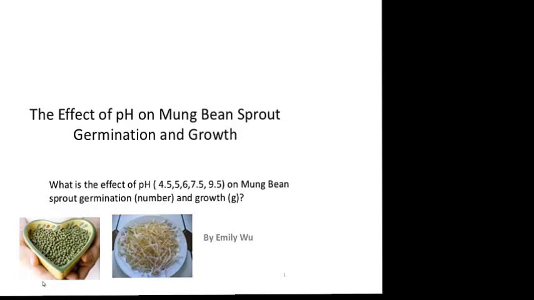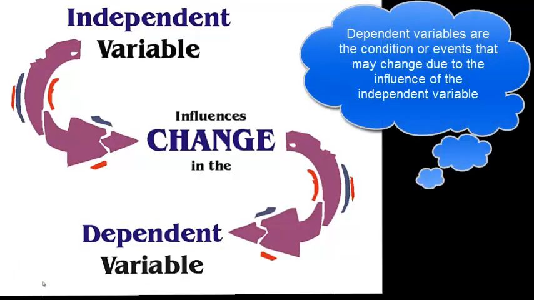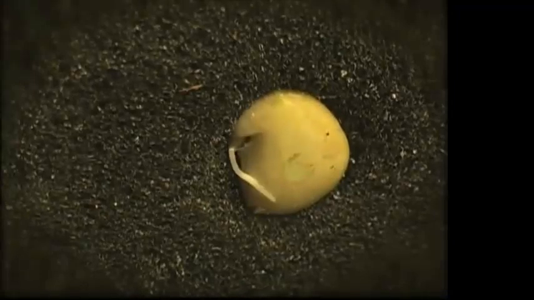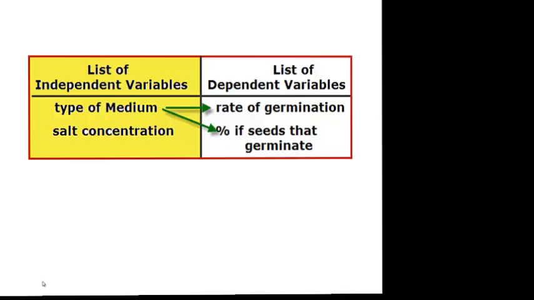That leads us to the last variable, the things that we count or measure, and that's the dependent variable. Dependent variables are the conditions or events that may change due to the independent variable. So in our example, the number of seeds germinating at different pH is the dependent variable. Here are some examples of independent variables influencing dependent variables.